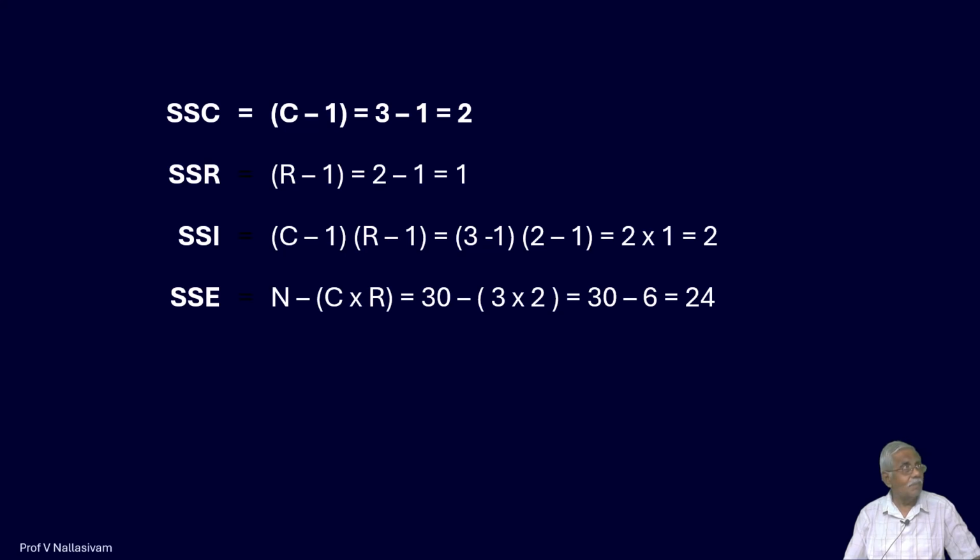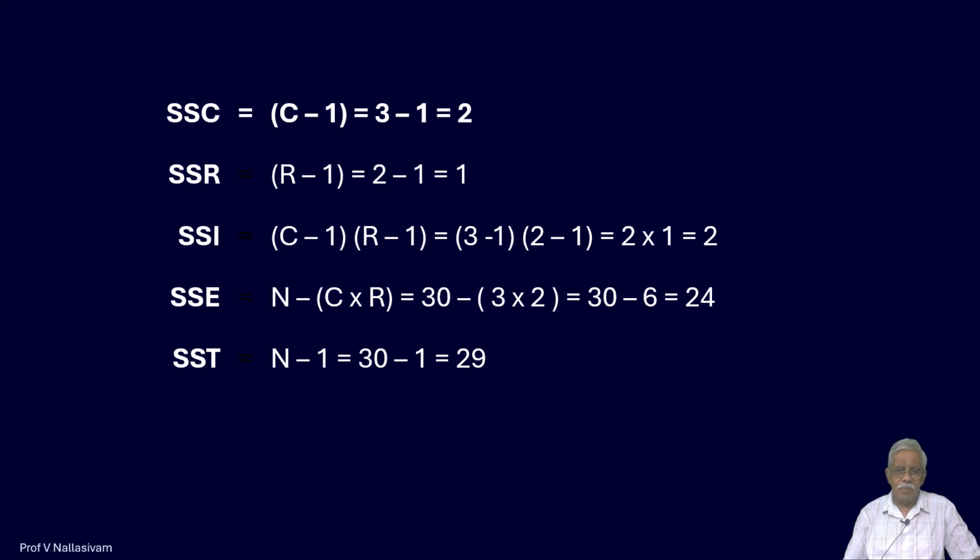It is 30. Degrees of freedom of SSE is 30 minus 3 times 2, 30 minus 6, 24. Degrees of freedom of SST is capital N minus 1, 30 minus 1, 29.